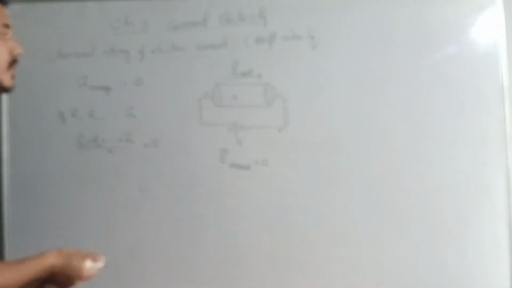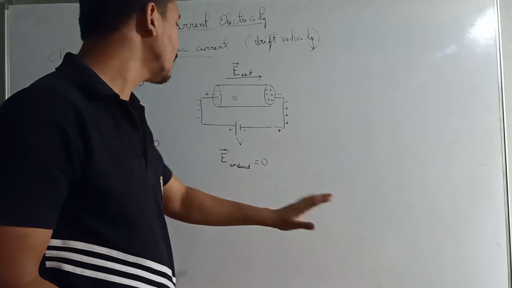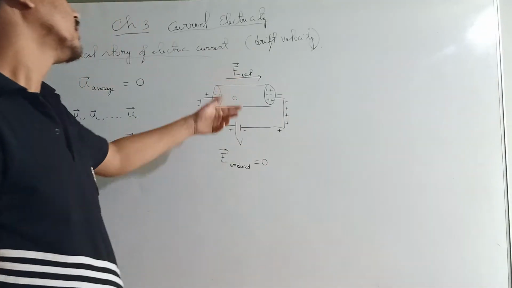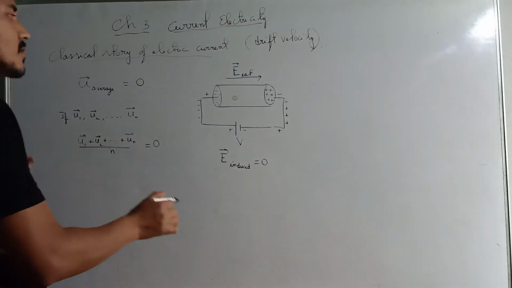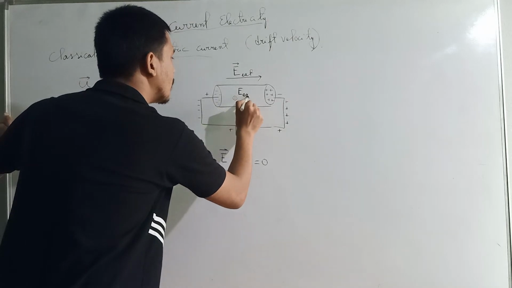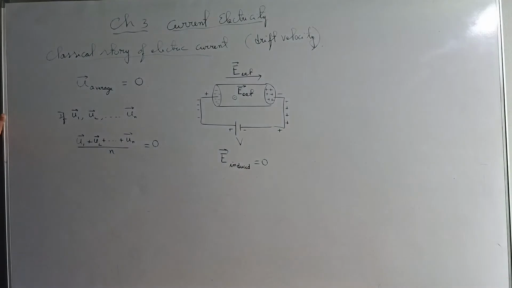So the net electric field inside the conductor will not be 0, and this external electric field will also be developed inside the conductor.